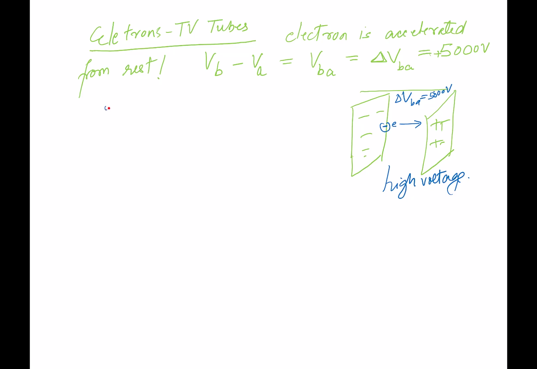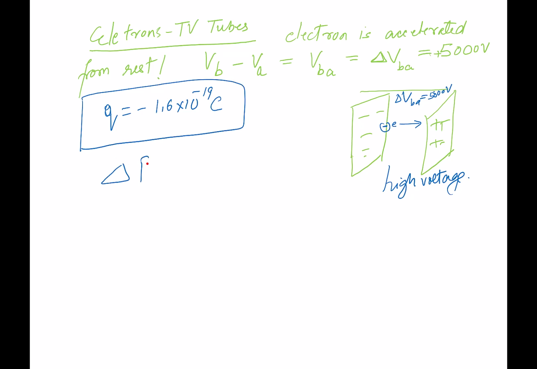So the charge on the electron is minus 1.6 times 10 to the power of minus 19 coulombs. We know that. So if we use the formula, the potential difference between plate B and A, if we name this as B and this as A, is equivalent to the change in potential energy over Q, we can find the change in potential energy.